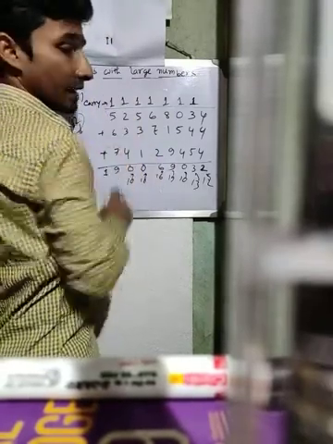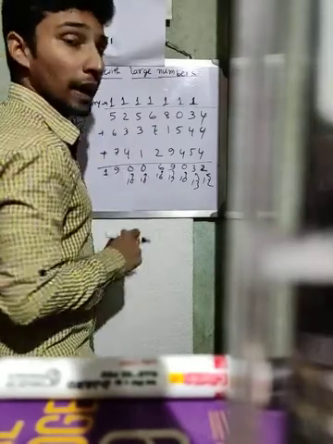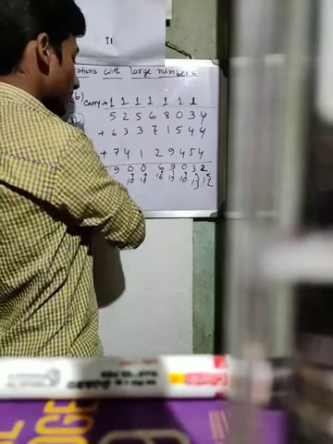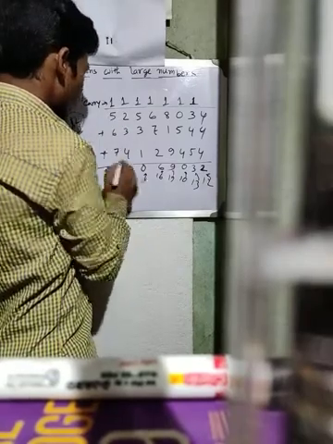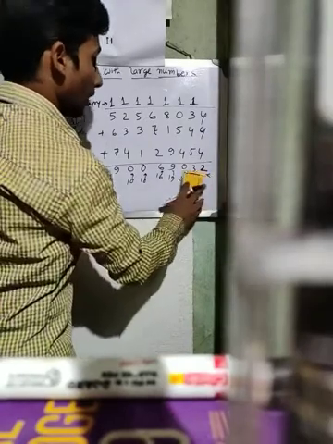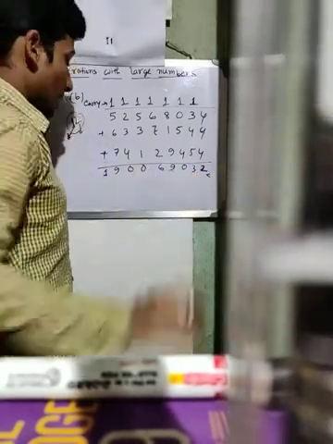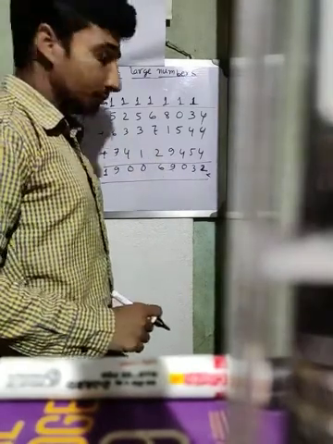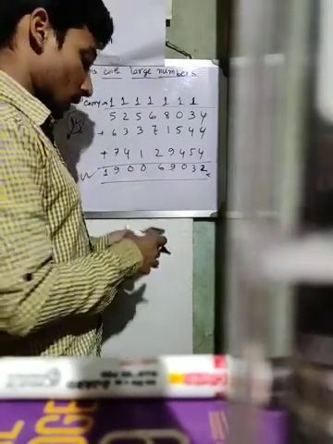Next, 7 plus 6 is 13, plus 5 is 18, plus 1 is 19, but there is no digit after this, so 19 will be placed as usual. So this is the answer, the sum of these large numbers. Clear?